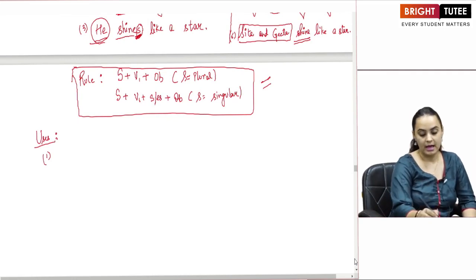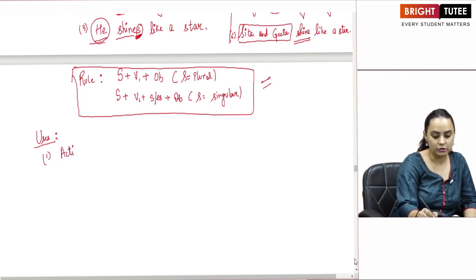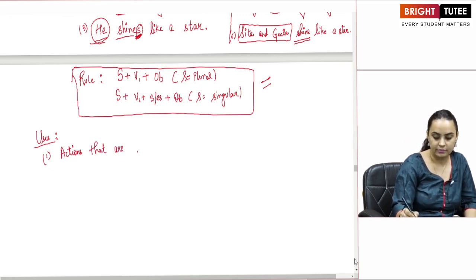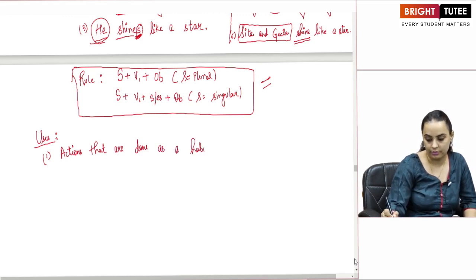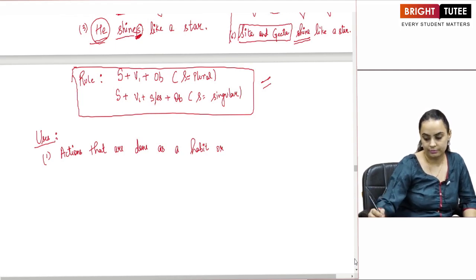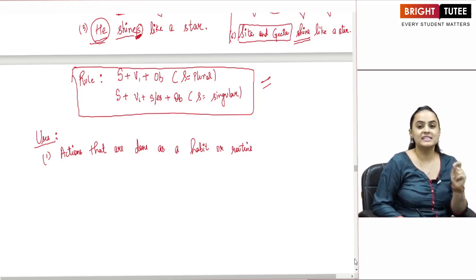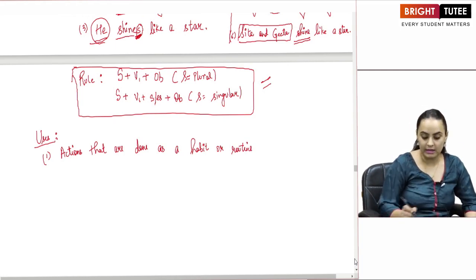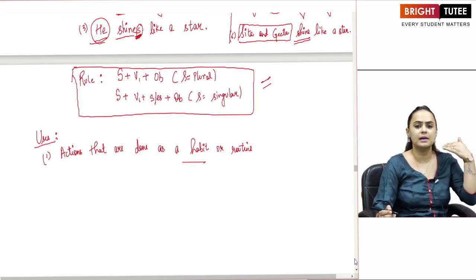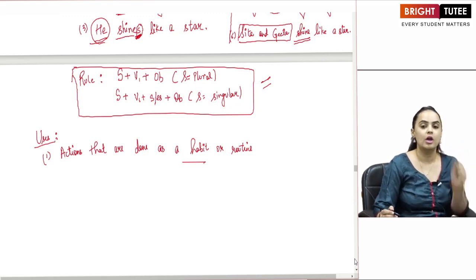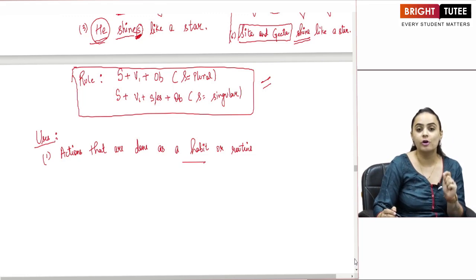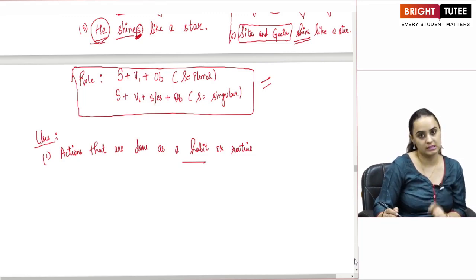First, it talks about actions that are done as a habit or routine. So if there's something that you are doing as a habit, as a routine, something that you do every day, for those actions we will always use a simple present tense.